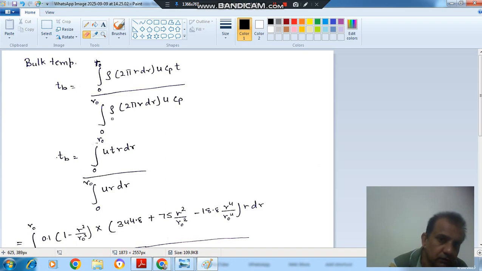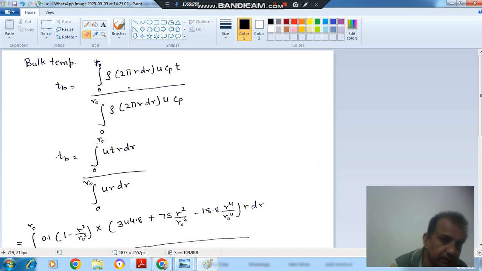And now if we assume that TB is the bulk mean temperature, a single temperature for this whole fluid, then the mass flow rate into U into Cp integration multiplied by TB should give the same heat flow that is given by this integration. That is the basics of bulk temperature or mean temperature.